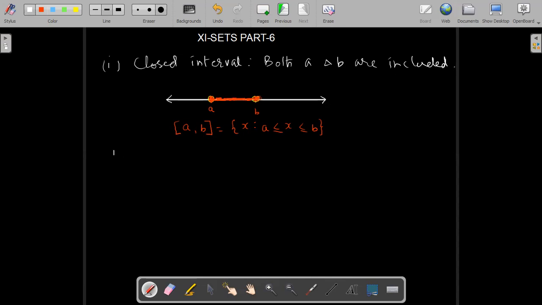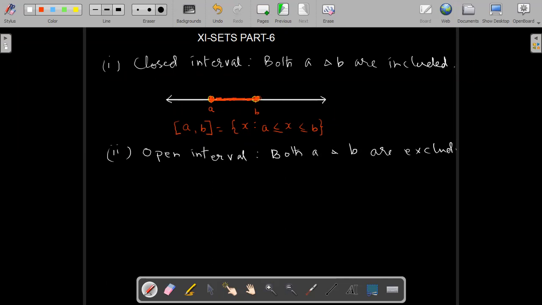Then the second interval is the open interval, meaning open at both the ends. In an open interval, A and B are excluded, both A and B are excluded.